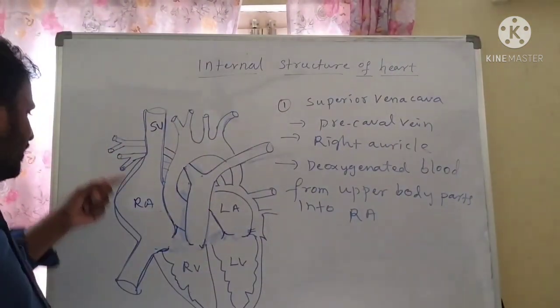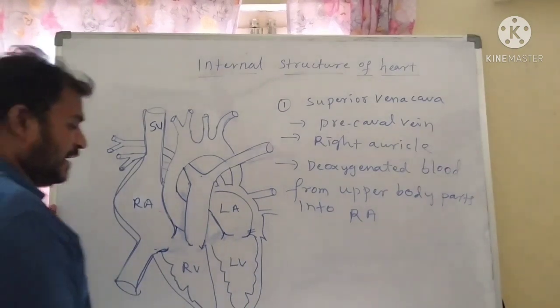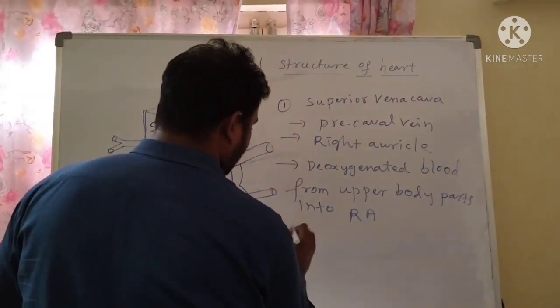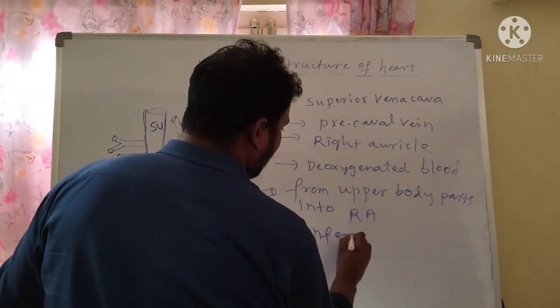Now, another blood vessel which opens into the right auricle is the inferior vena cava, the second one.